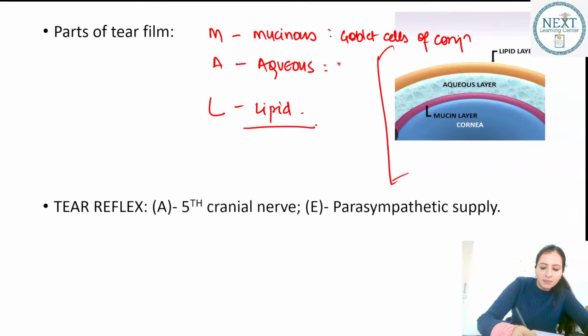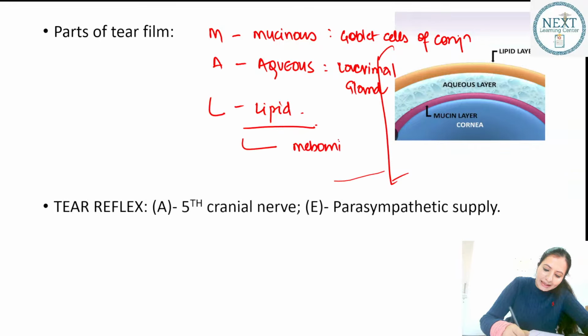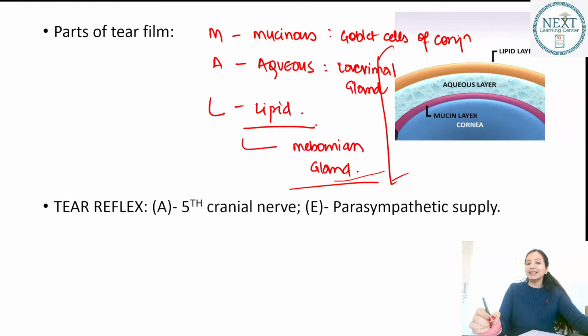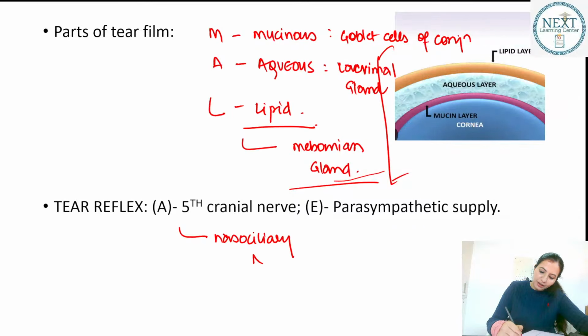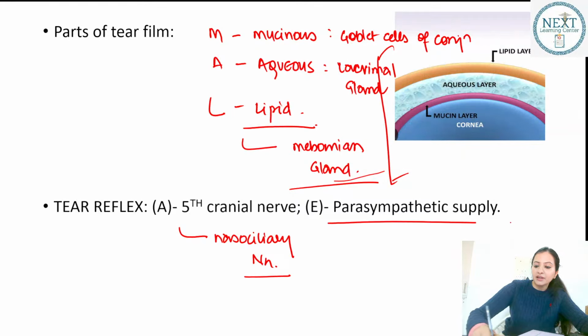Aqueous is secreted by your lacrimal gland, and the lipid part is secreted by your meibomian gland. If you talk about the tear reflex, then afferents go via your fifth cranial nerve, specifically the nasociliary nerve, and your efferent will go via your parasympathetic supply to the lacrimal gland.